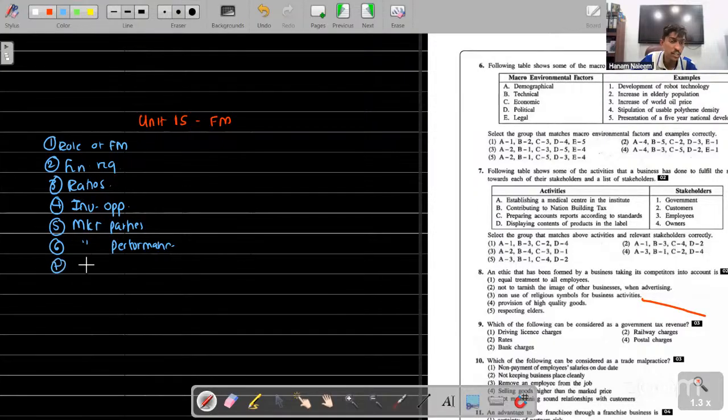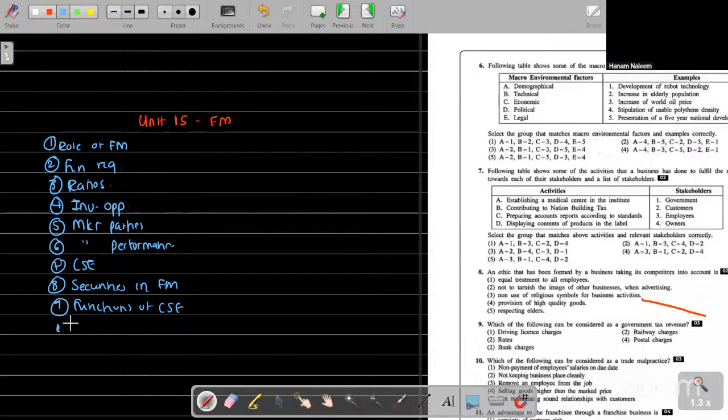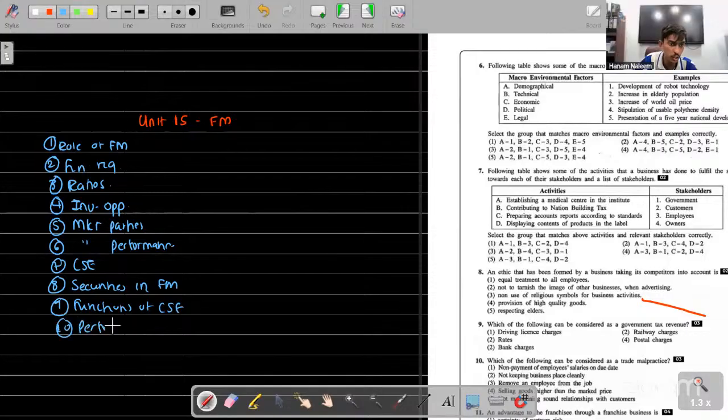Then seventh, you have the Colombo Stock Exchange. This is a crucial part. Then eighth, you have securities: what are the securities that are traded in the financial market? Then ninth, you have the functions of the CSE. And finally, the tenth one, you have the performance of the stock market.